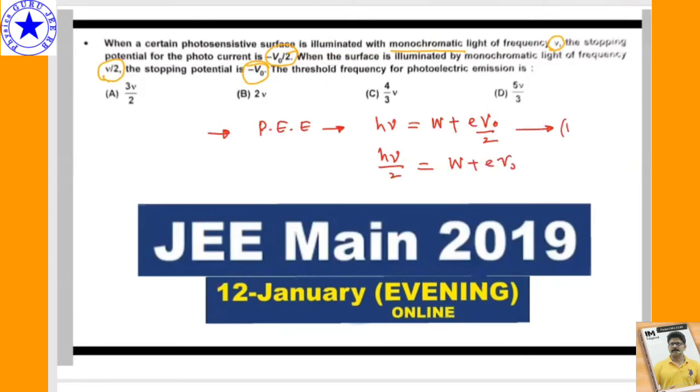So equation number 1, equation number 2. The problem has insufficient data, right? We cannot calculate the threshold frequency with these equations. Most of the parameters are unknown. So this is again a wrong question which was asked in the 2019 12th January evening online exam.